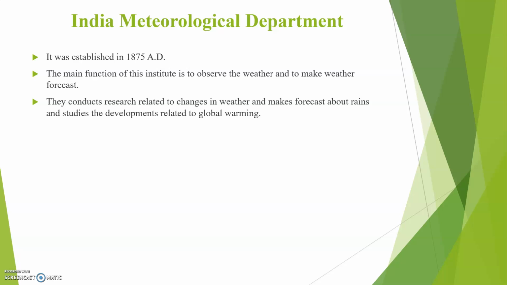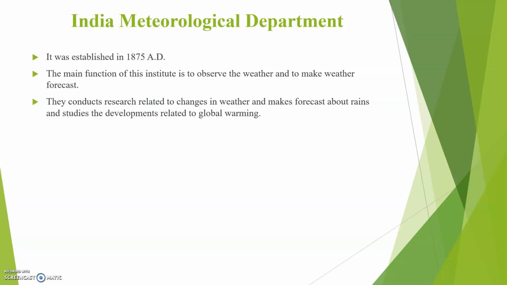Then the India Meteorological Department. It was established in 1875 AD. The main function of this institute is to observe the weather and to make weather forecasts. They conduct research related to changes in the weather.